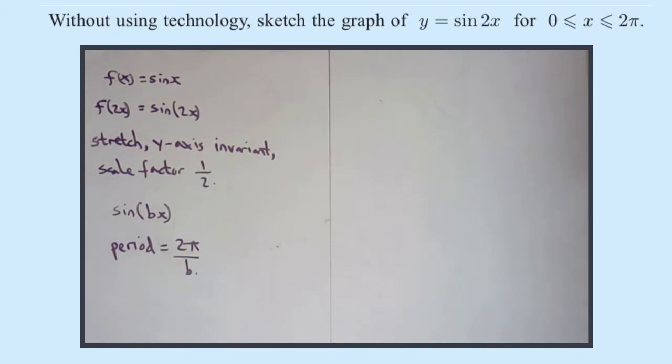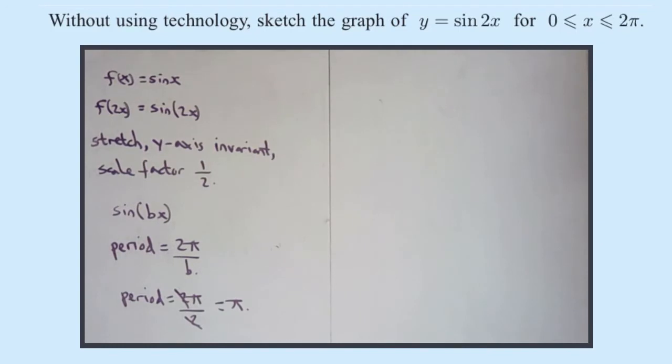It takes 2 pi, 360 degrees, or 2 pi radians to do one full cycle. So if you change the input before you apply the function, the period will adjust to 2 pi over b. So in this case, period is going to be 2 pi over 2, which is just pi. So it will take pi radians, or 180 degrees, to do one full cycle.